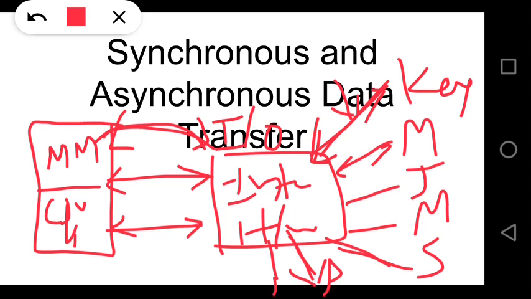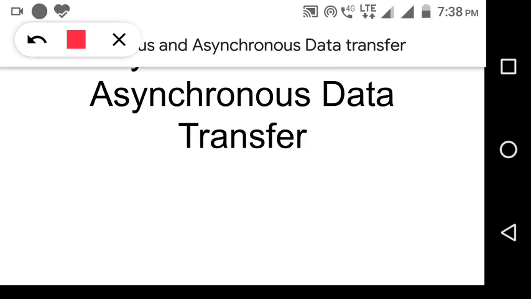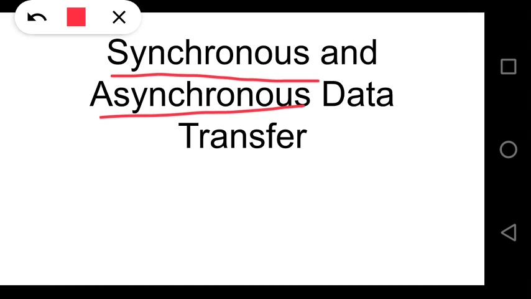So it is really important to discuss the different types of data transfer. And there are two types of data transfer, that is synchronous and asynchronous data transfer.